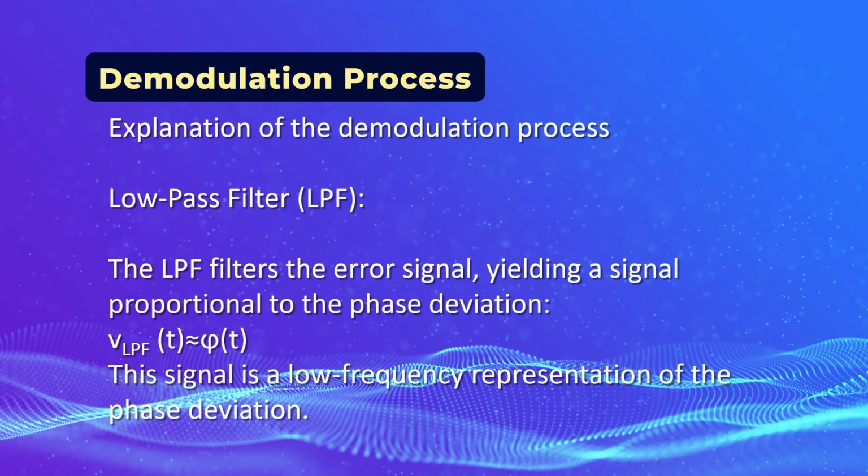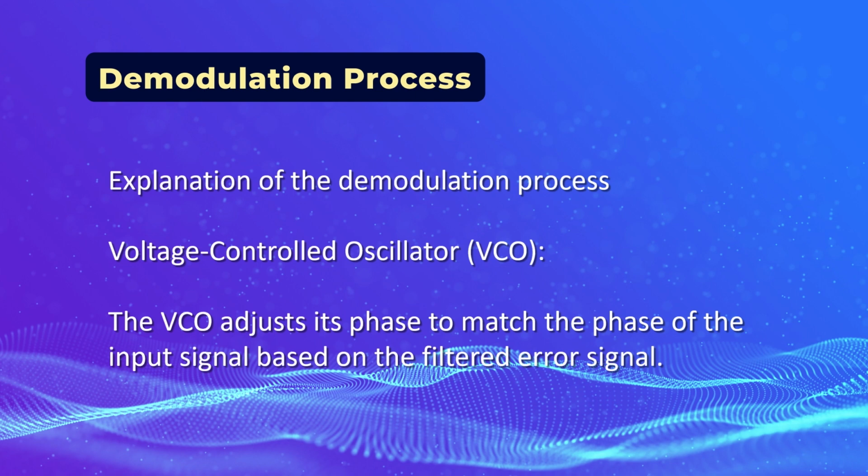Then, the low pass filter filters the error signal and yields a signal proportional to the phase derivative. That is, the V low pass of t is nearly proportional to phi of t. The signal is a low frequency representation of the phase derivative. The voltage controlled oscillator adjusts its phase to match the phase of the input signal based on this filtered error signal.